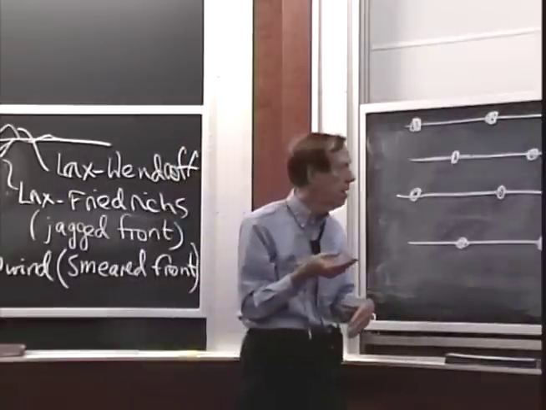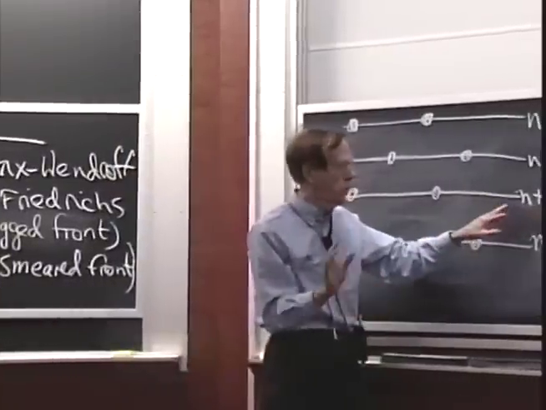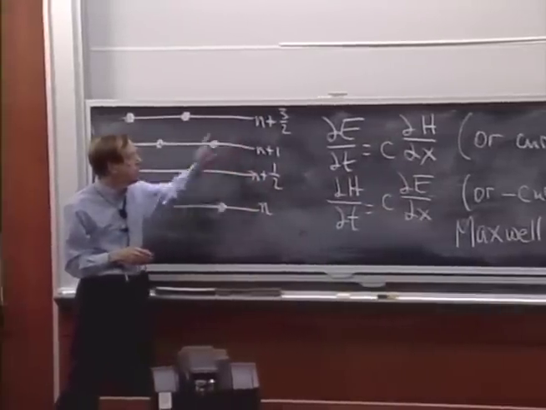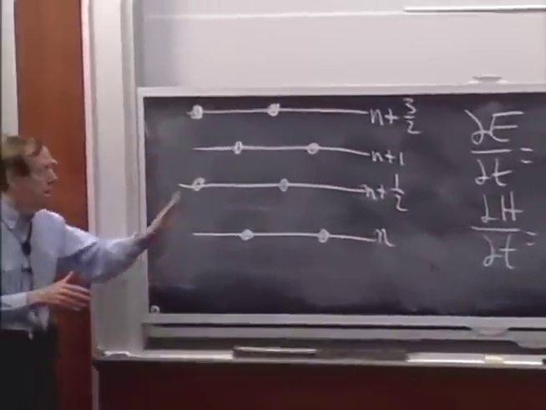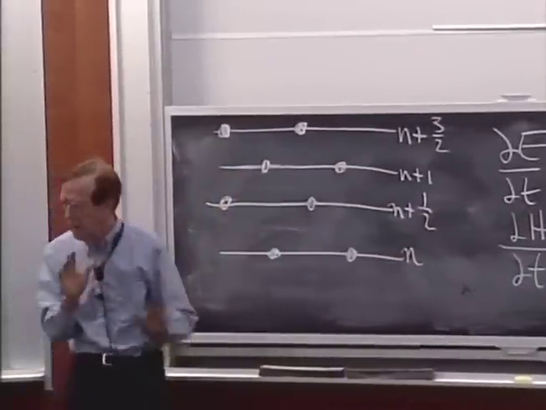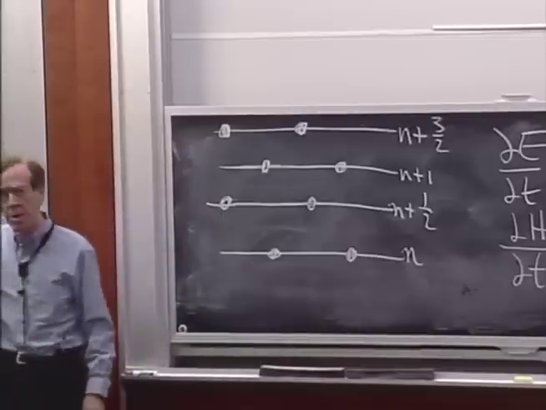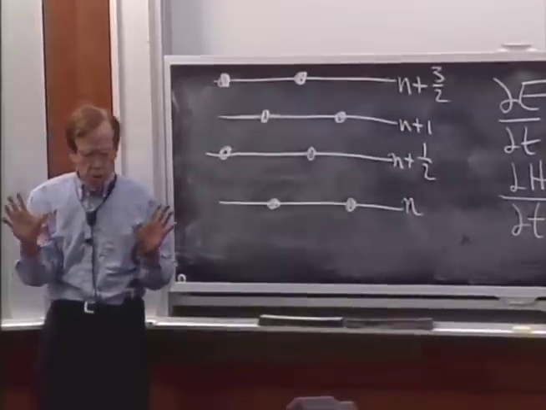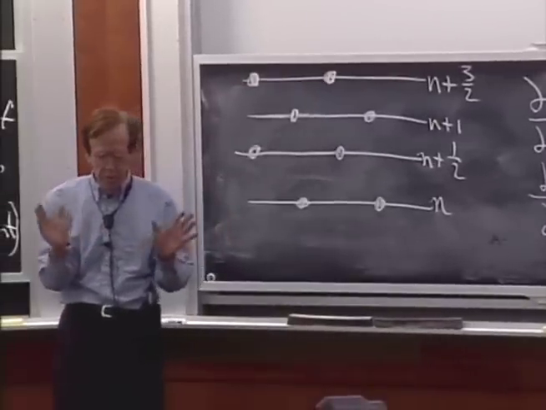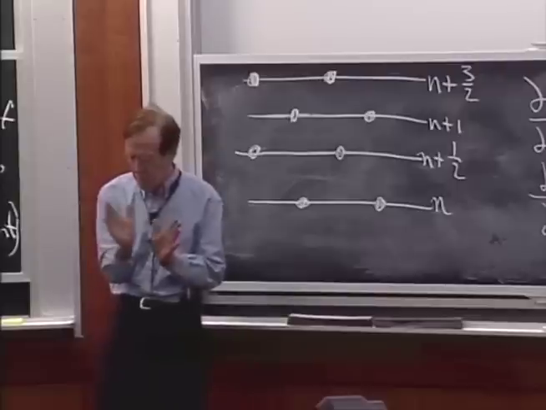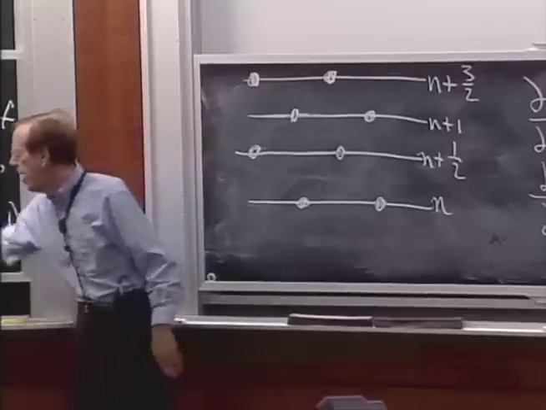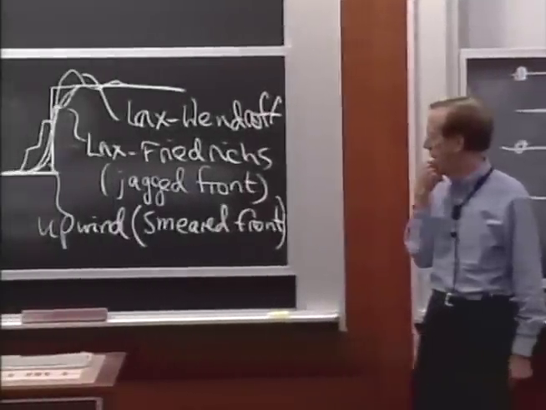Normally with Lax-Friedrichs we call that n+1 and n+2 and n+3, but the picture is still right. So I think that's probably responsible for what you see, that there's two waves, two fronts, one delta x away from each other. And finally, upwind is also smeared out.